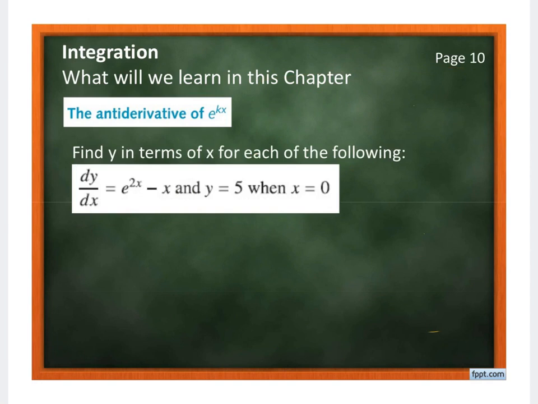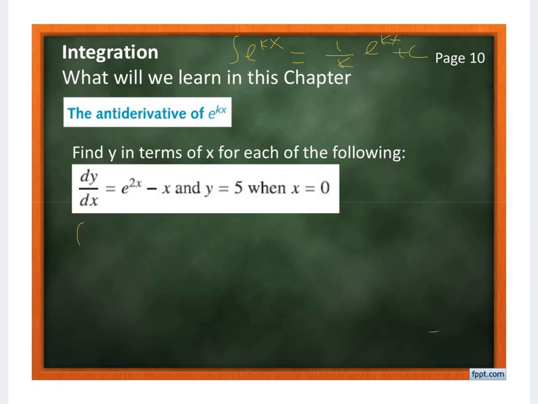Find y in terms of x for each of the following. Remember the formula on page 8. The antiderivative of e to the kx equals 1 over k e to the kx plus c.